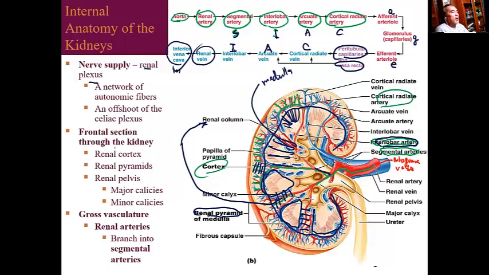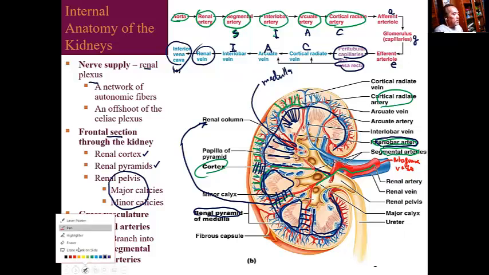And then we have the frontal section of the kidney that you see here. We identified the renal cortex. We identified the renal pyramids. Okay, and then we're going to identify these tubes that will drain whatever is actually taken out by the kidney. Okay, so let's take a look at those tubes.